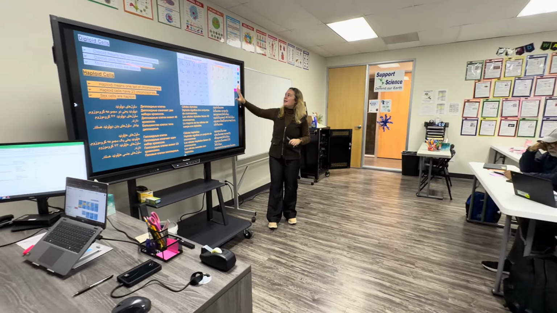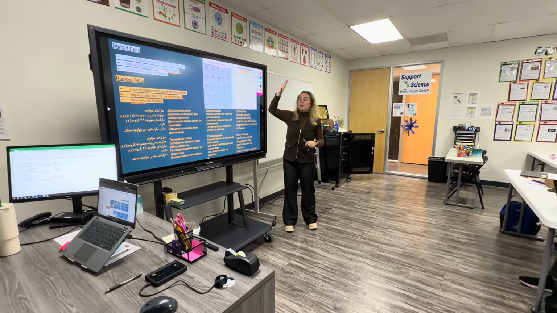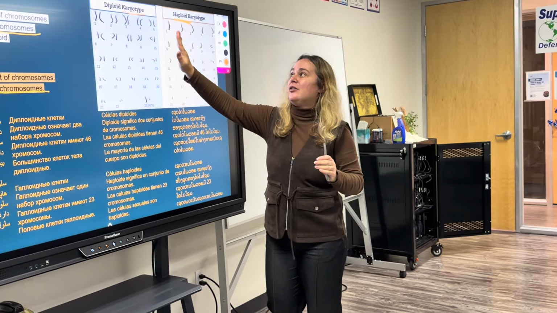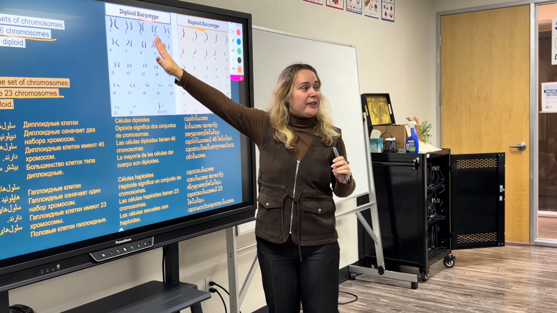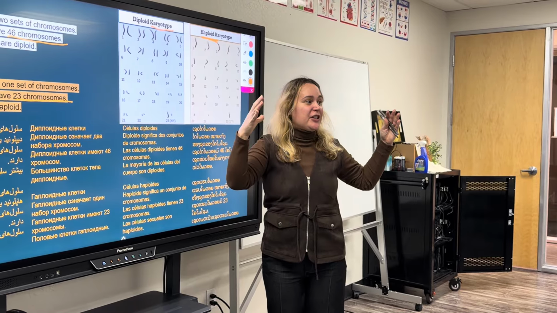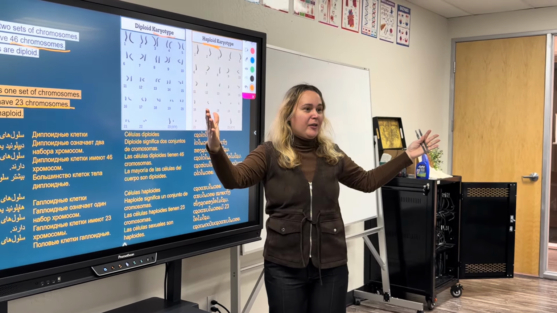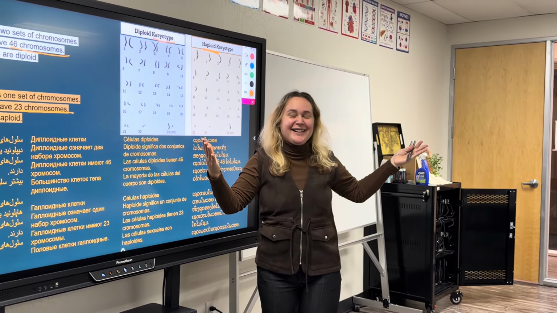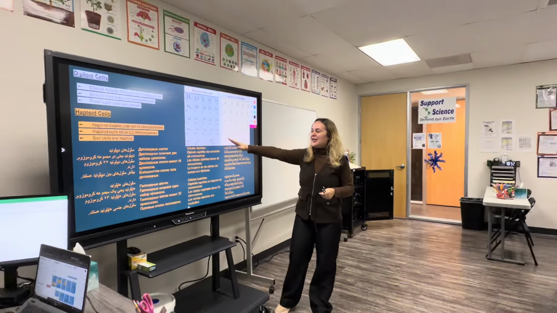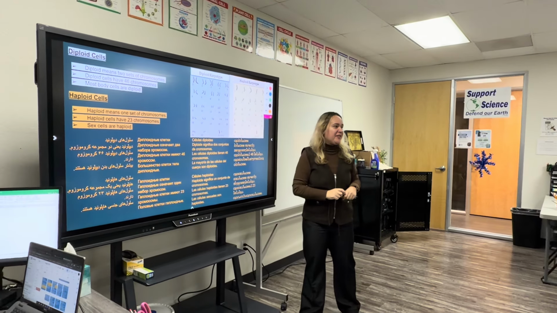During the fertilization process, one haploid cell will meet another haploid cell, and together they will create a diploid cell, and this diploid cell will divide and become a baby. For example, yes? I will give you a minute to read everything here in your native language.